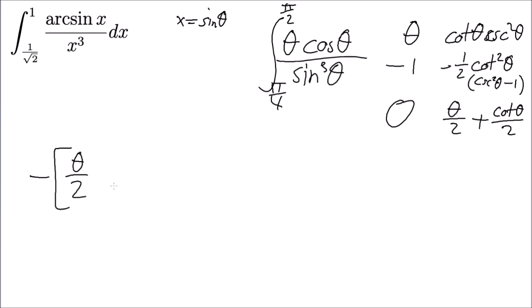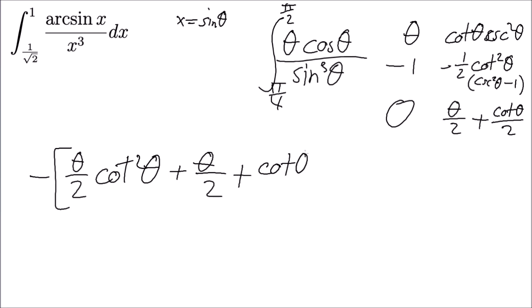Theta over 2 cotangent square, and then plus theta over 2 plus cotangent. I am very hesitant for some reason. I feel like I messed up something. I don't know why.